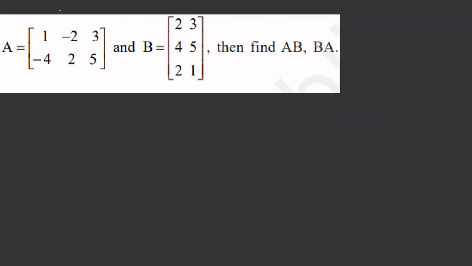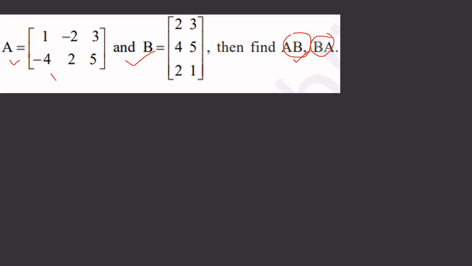Now there is an A matrix and a B matrix, and this is a homework question. We have to find AB and BA. For numbers, 2 multiplied by 4 is equal to 8 and 4 multiplied by 2 is equal to 8. But is the same way to be followed in matrices? So we have to find out.